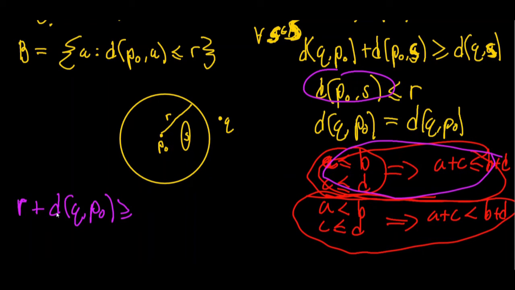So therefore, R plus the distance between Q and P naught is greater than or equal to the distance between Q and P naught plus the distance between P naught and S.